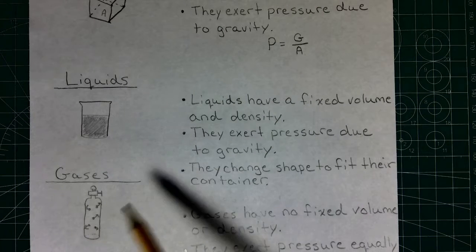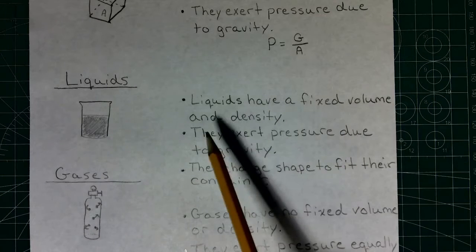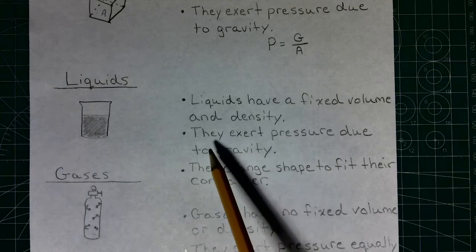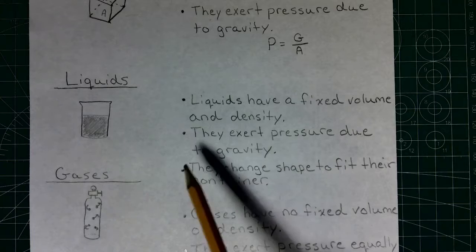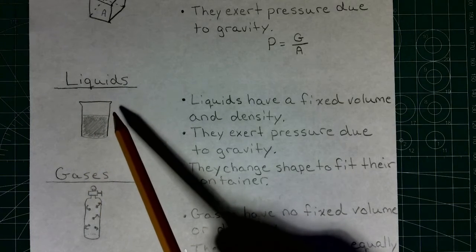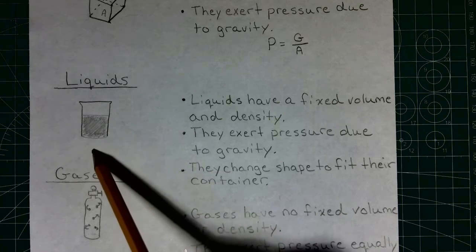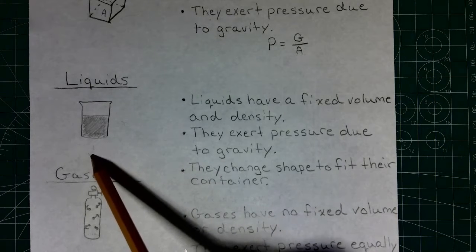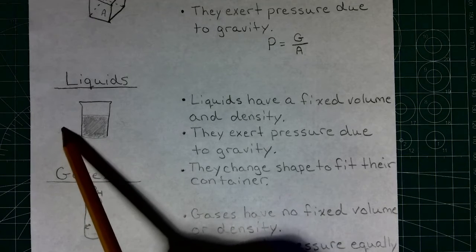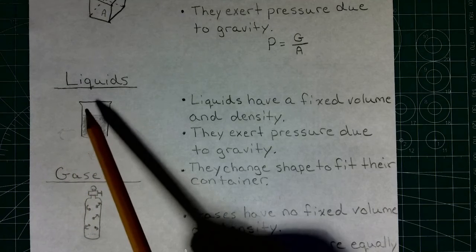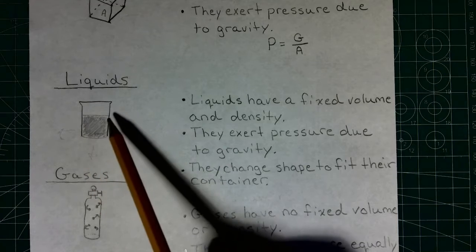Next we have liquids. Liquids do have a fixed volume, okay, and they have a fixed density, all right. And they exert pressure due to gravity as well, but they're going to exert that pressure outwardly all the way around it, wherever it comes in contact with the container, but not necessarily on the top where the container is open.